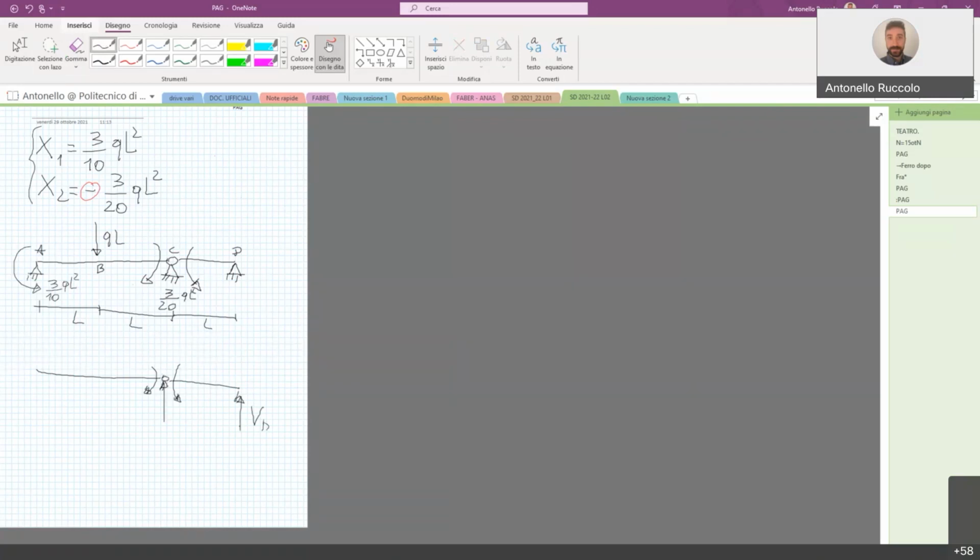We have VD, VC, VA. 3/10 QL to the power of 2. QL is here, and then we have 3/20 QL to the power of 2. Again, I will just write the equations I want to draw.